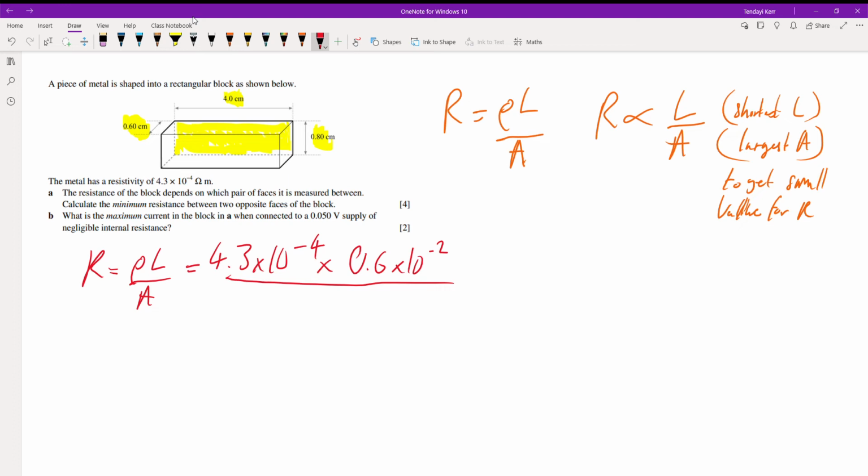And the area that we're choosing, so 4 centimeters, so 4 times 10 to the minus 2 times 4.0, because there's 2 significant figures, remember. 4.0, we need to keep that consistent. 4.0 times 10 to the minus 2 times 0.80 times 10 to the minus 2.